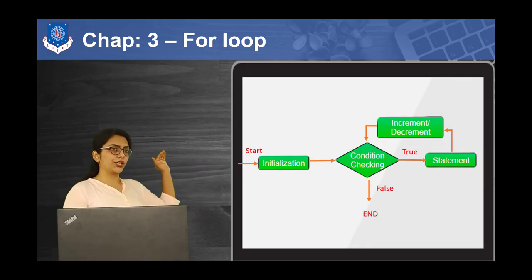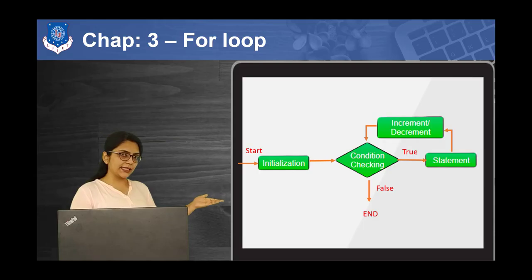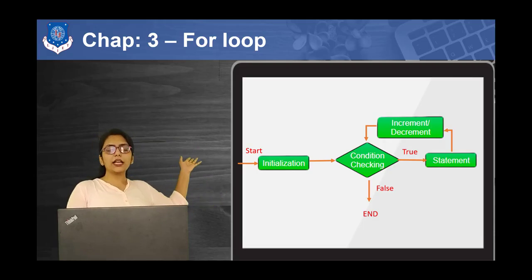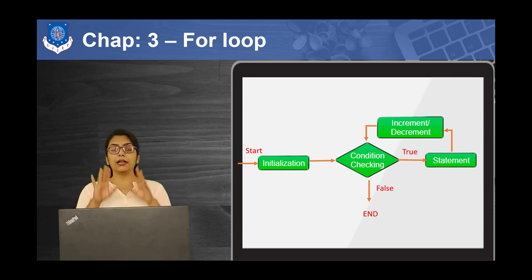But if the condition is true, then the statements inside the loop will be executed and the increment or decrement of the loop variable will be done. Again, after incrementing or decrementing, it will check the condition. If the condition is true, this keeps happening. But if not, it will just end the loop.